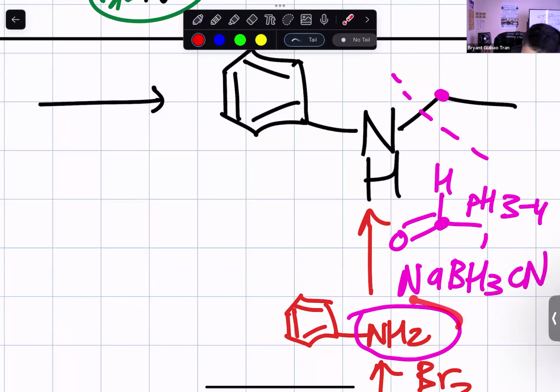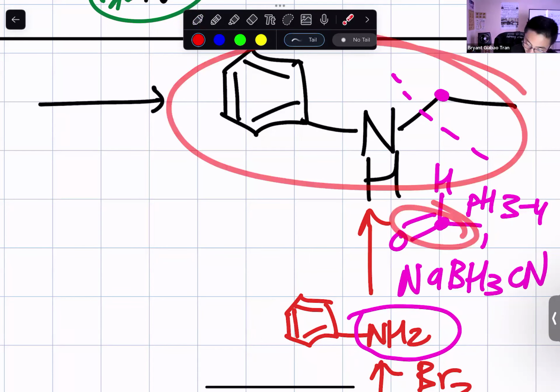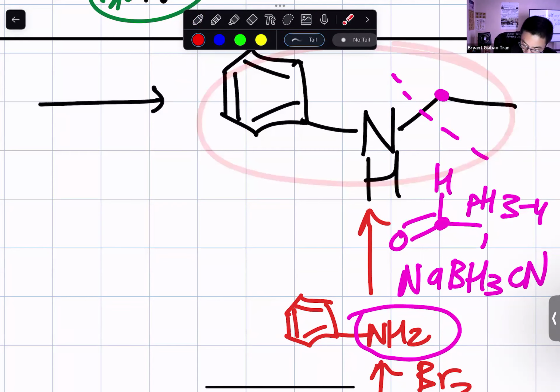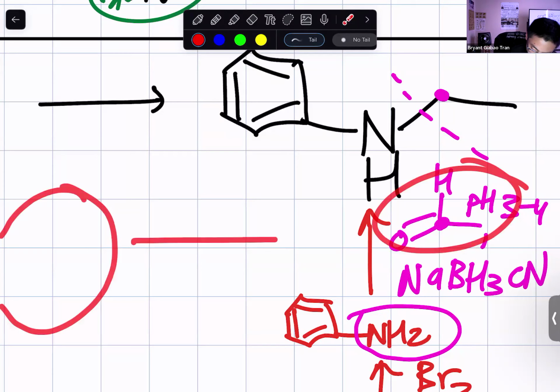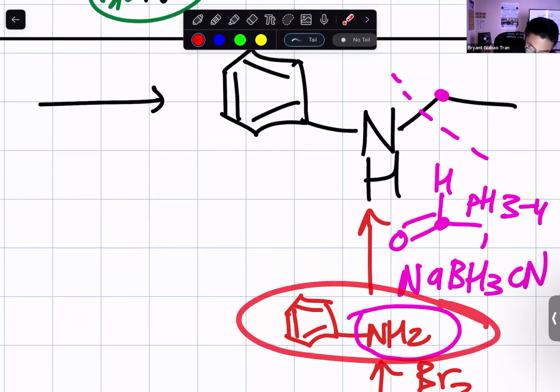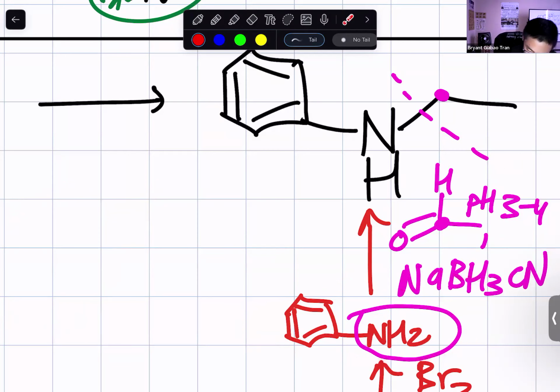That combines this amine with this carbonyl to create this secondary amine here. This was a little bit tricky because when you guys learned this, you probably saw the carbonyl as the reactant and the amine as the reagent. But this is flipping it. The amine here is going to be the reactant and the carbonyl is going to be the reagent, so that flips it, which makes the more substituted amine.